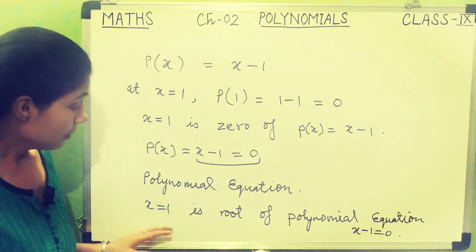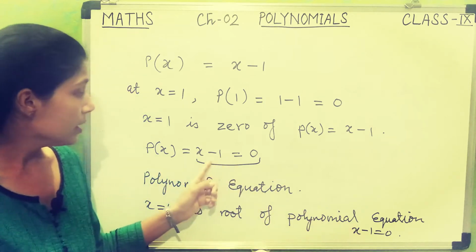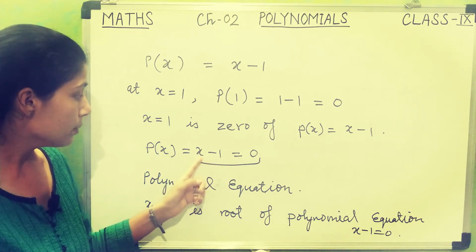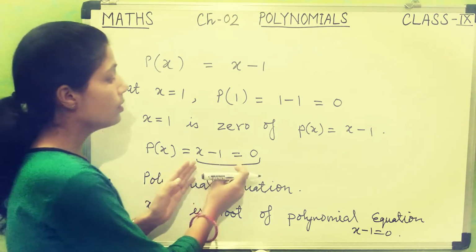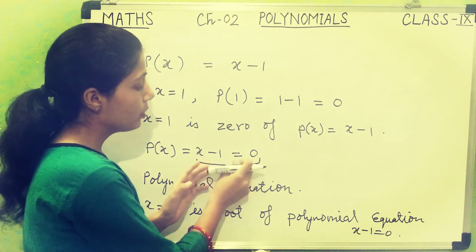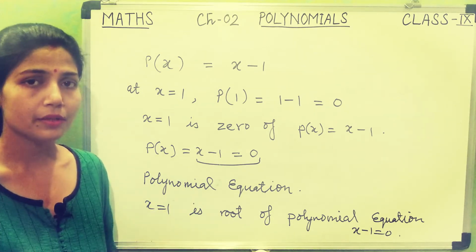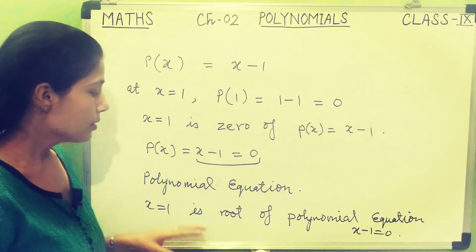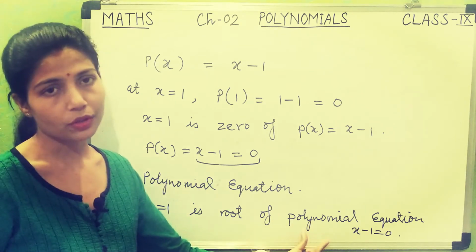Why? Because if you put 1 in place of x, you get 0 on both sides of the equal sign. It means LHS is equal to RHS, so this is a root of the polynomial equation.